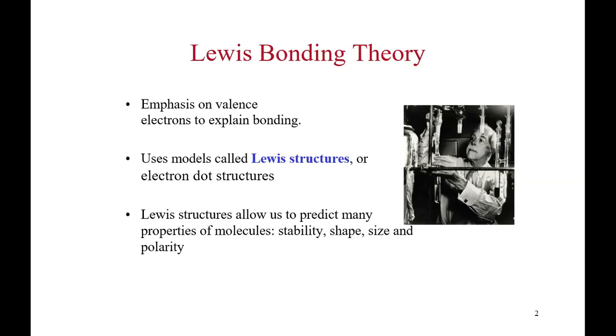And what is good about the theory is that it allows us to predict several properties of molecules: how stable they are, what shape they have, what size they have, and a very important property that we're going to be exploiting for the rest of the semester that is called polarity.